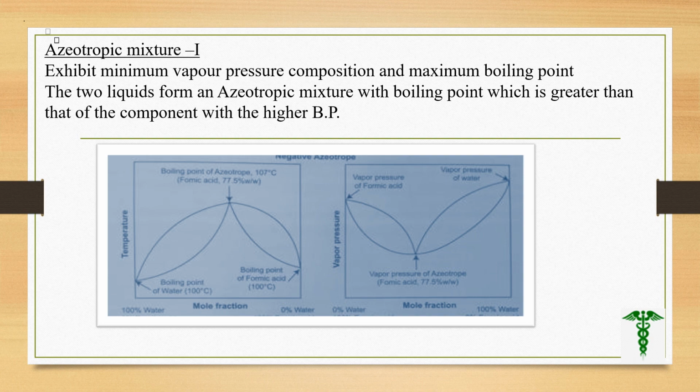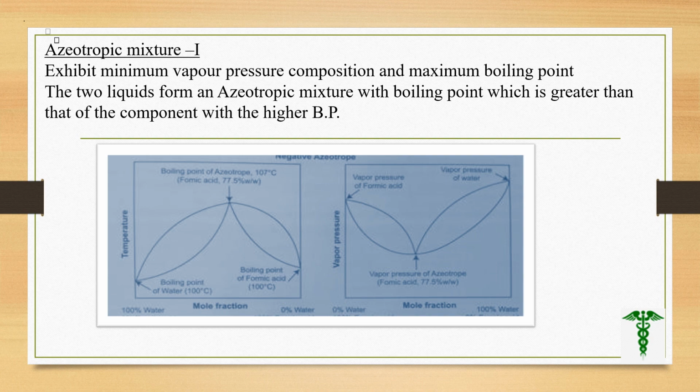Azeotropic mixture 1 has another name, negative azeotrope. In azeotropic mixture 1, it exhibits minimum vapor pressure composition and maximum boiling point. So the boiling point is greater than that of the components. For example, take a mixture of formic acid and water.